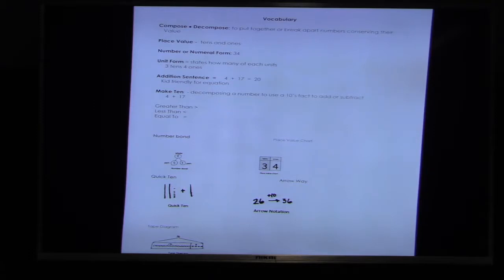Make 10. I am actually trying to slide this language out a little bit to make a friendly number. 10 happens to be our most friendly number at this point. It was 5 in kindergarten. The reason I'm switching the language a little is because when you're adding 17 and 20, some kids want to go back to the word 10, and 10 is below it.